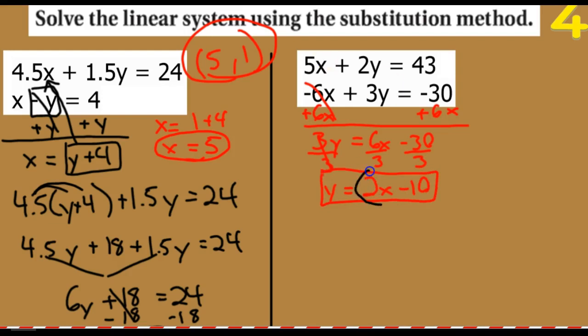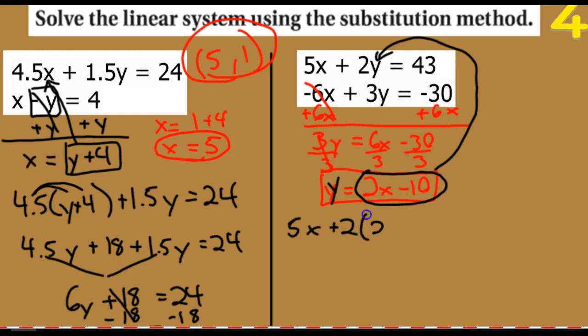Now we're going to take that 2x minus 10, substitute it in for y. So we'll have 5x plus 2 times 2x minus 10 equals 43.